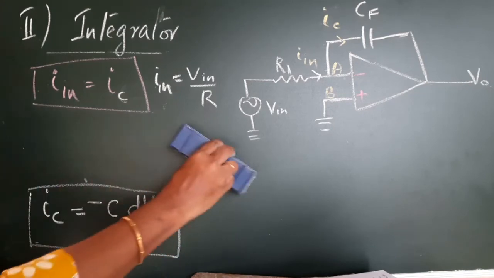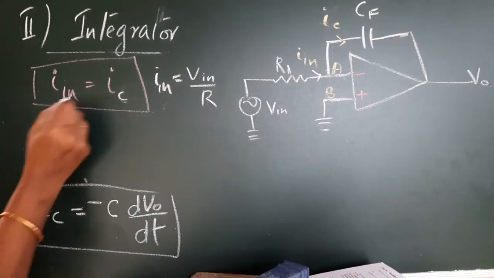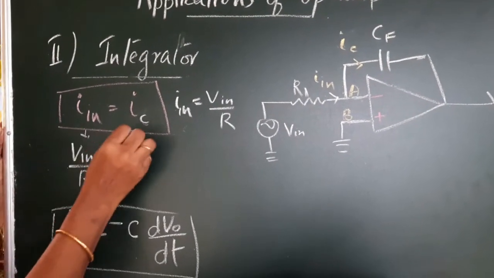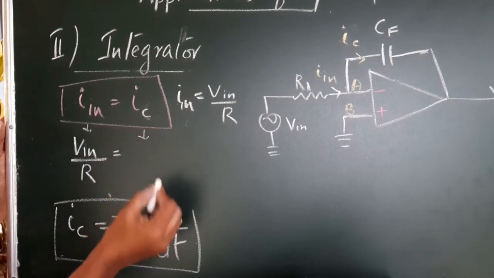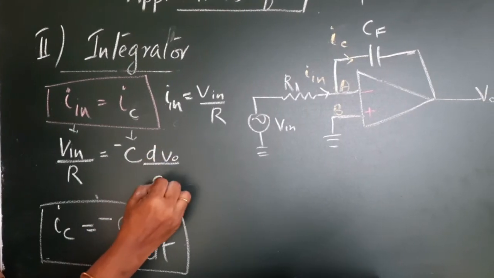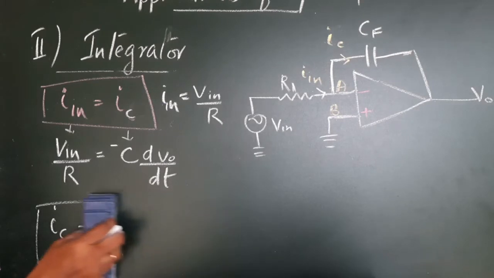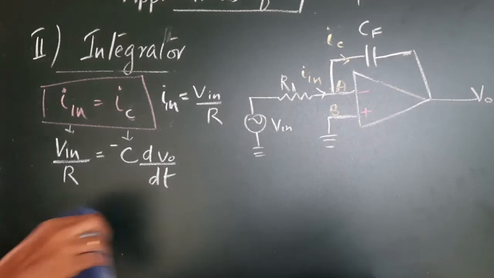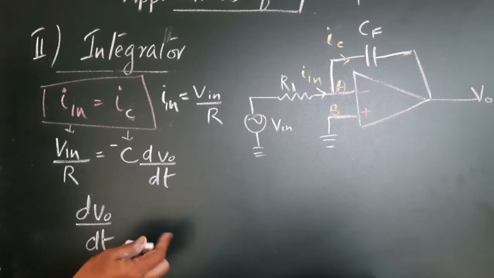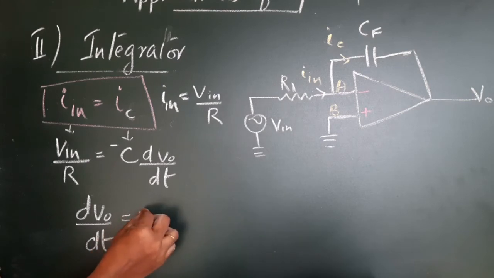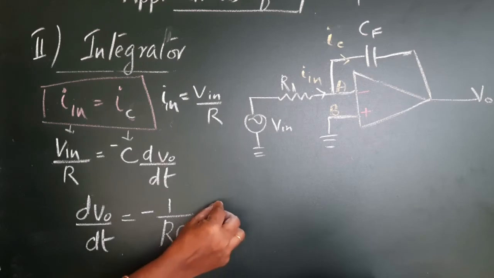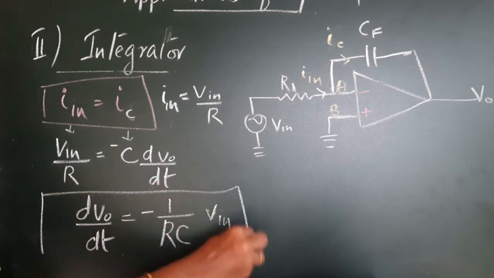So In equals Vin by R, that is equal to IC, which is minus C dV0 by dt. So that dV0 by dt is equal to minus 1 by RC into Vin. So this is the final expression.